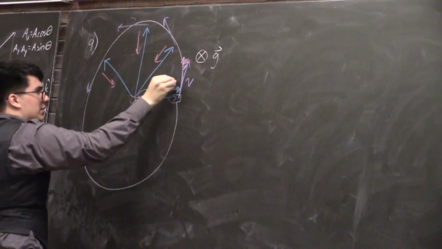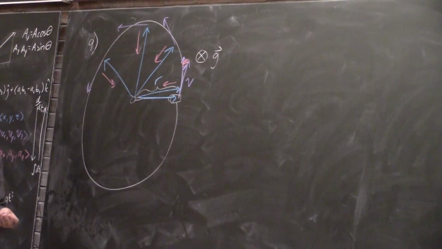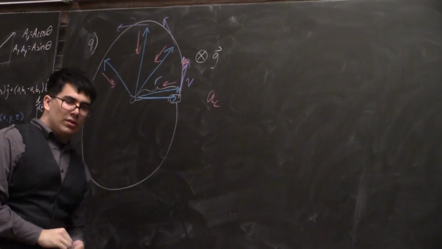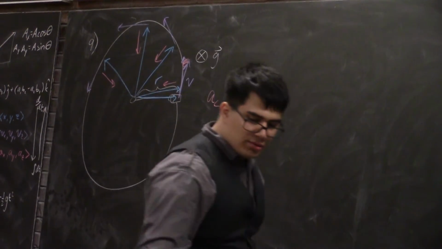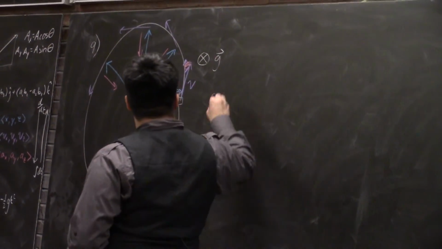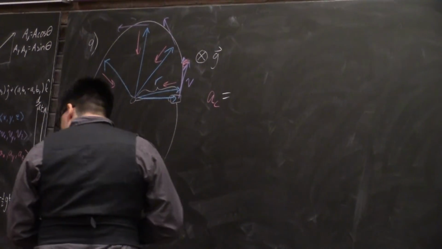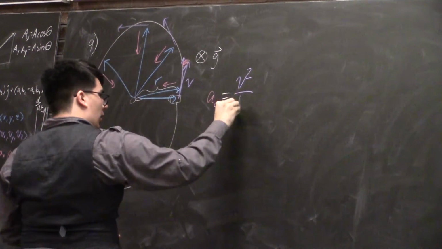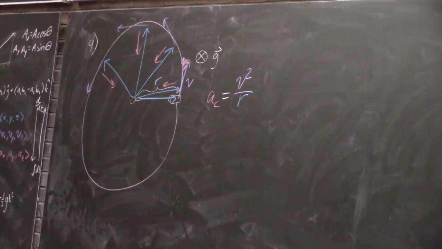All right, and so what I end up getting is an acceleration that's pointing inward at every single point. This acceleration is called centripetal acceleration. And centripetal acceleration is just going to be equal to v squared over r. All right? Now, what do I mean by this?